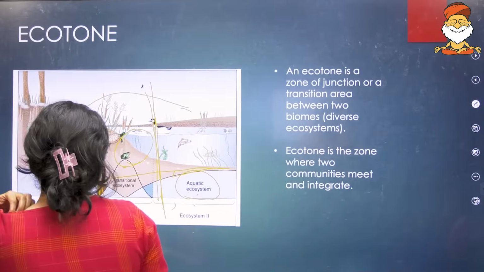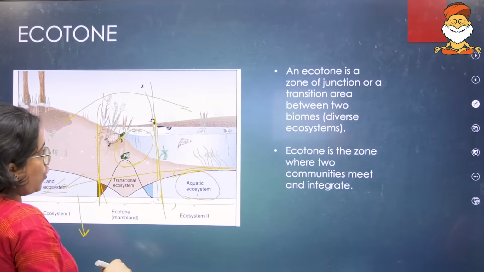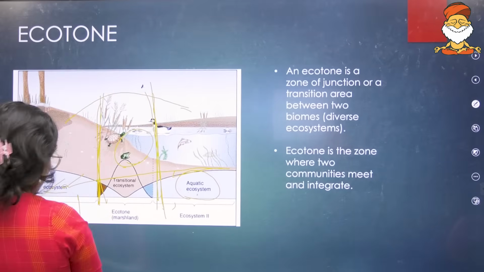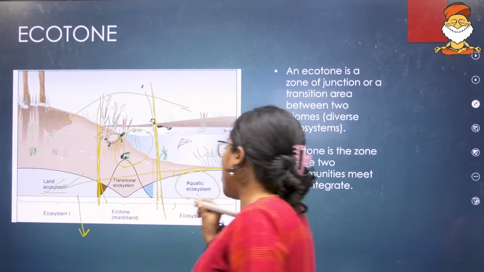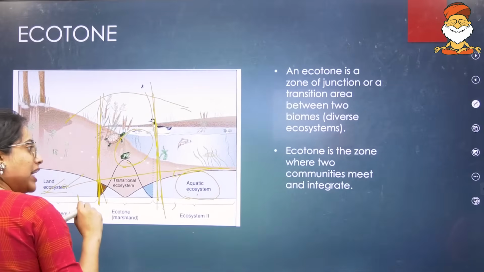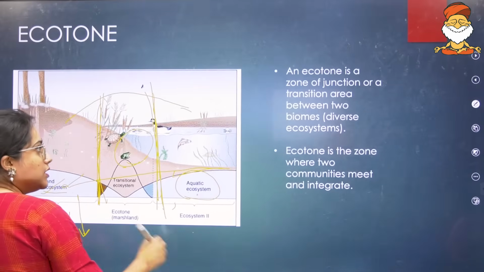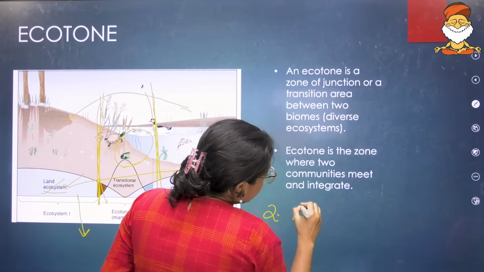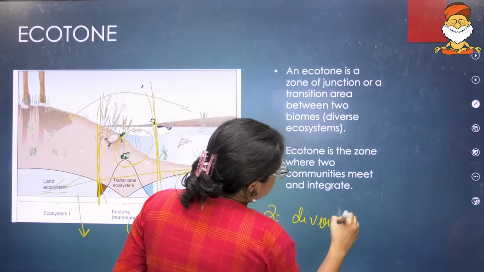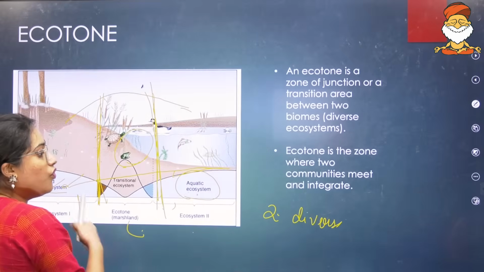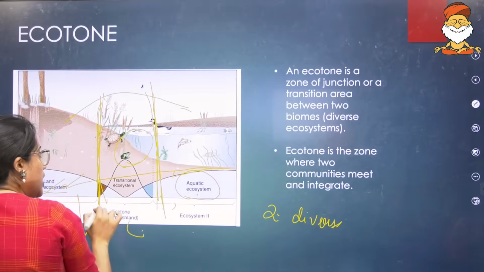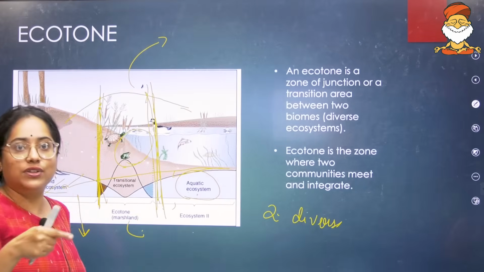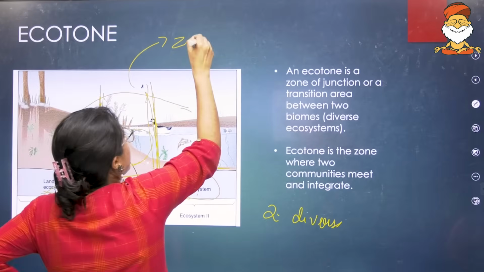Okay, so an ecotone is a zone of junction or transition area between the two biomes. So now, when you talk about ecotone, one of the primary things you have to understand over here is, it is two very diverse ecosystems, and because it's two very diverse ecosystems, the zone is quite clear.